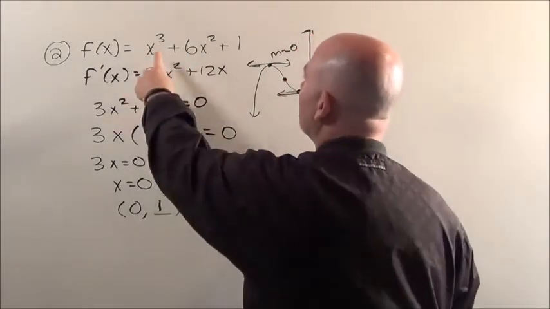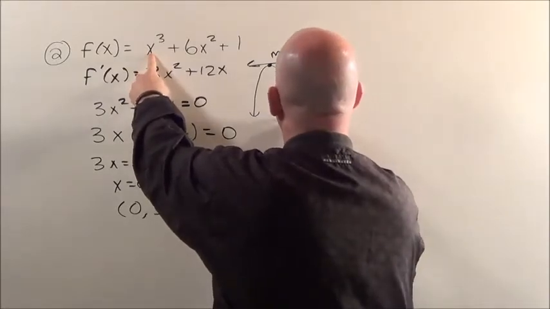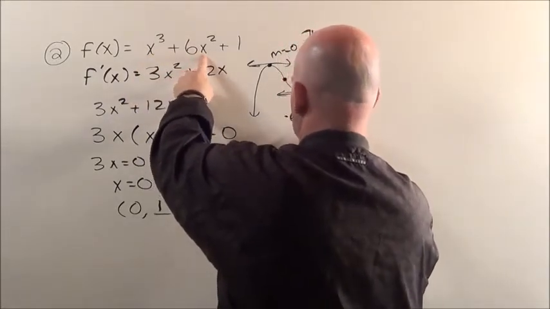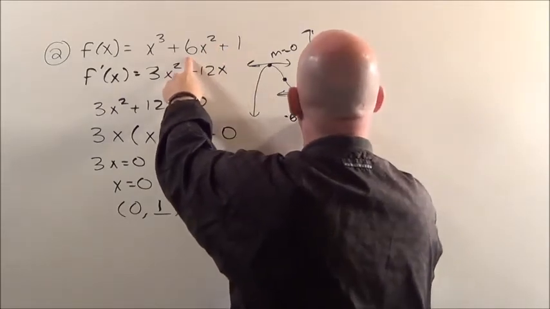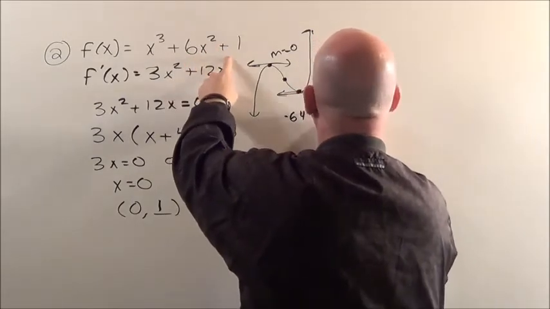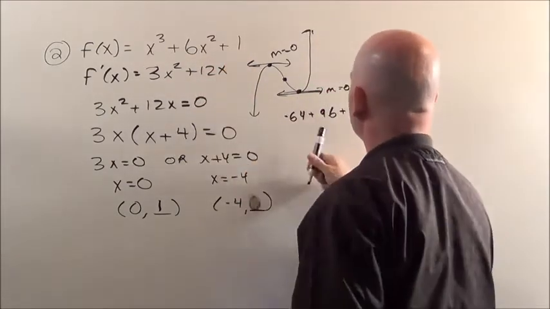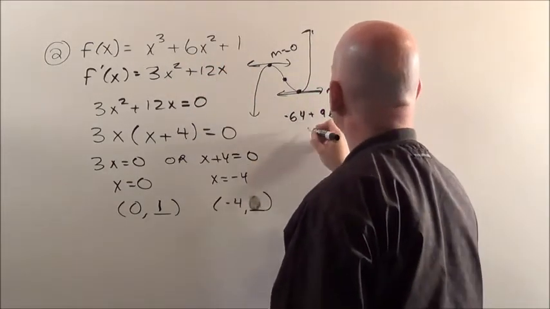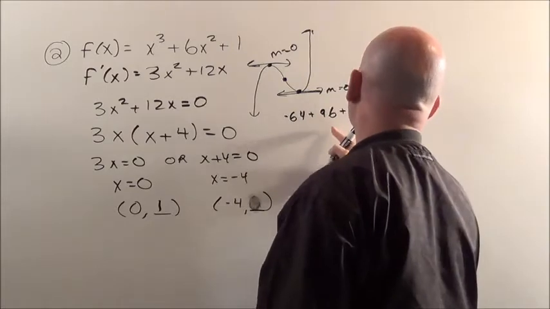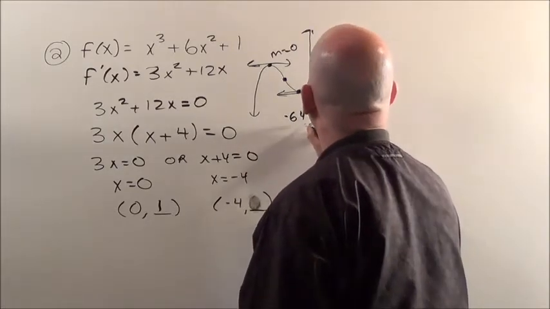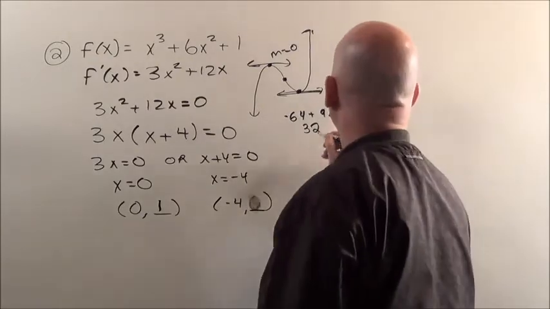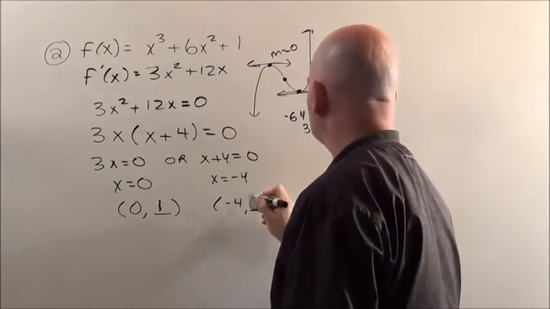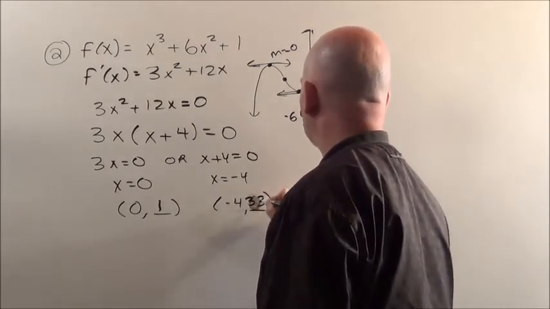Negative 4 to the third will be negative 64. Negative 4 squared will be 16. 16 times 6 is 96, plus 1. So lose 64, gain 96. That looks like a difference of 32 to me. Plus 1 makes it 33. So this will be negative 4 comma 33.